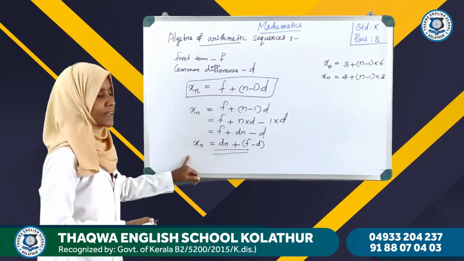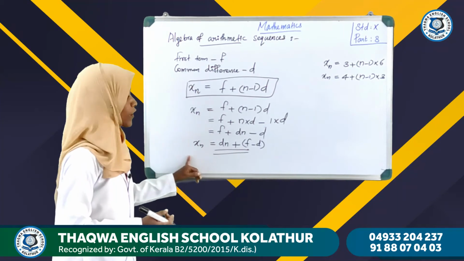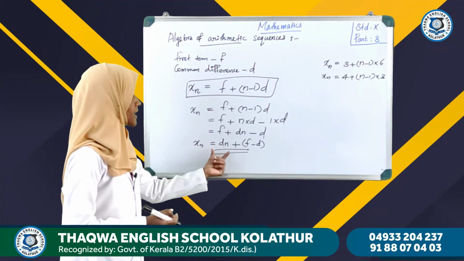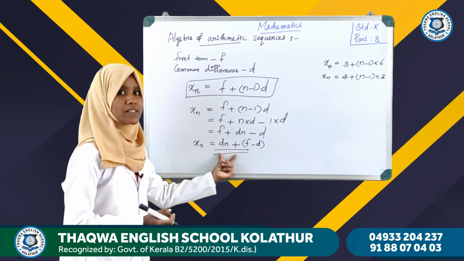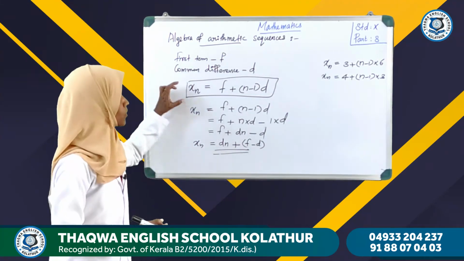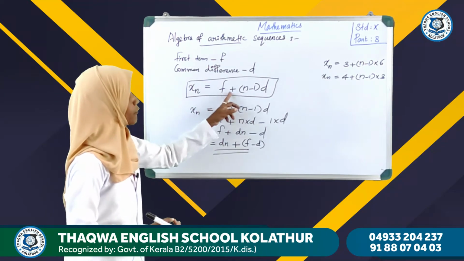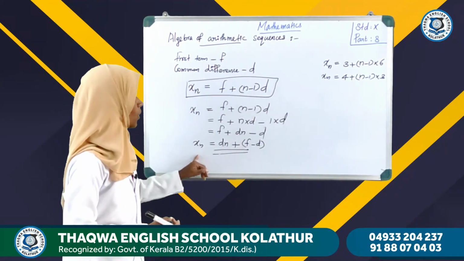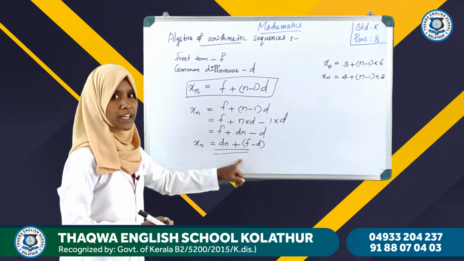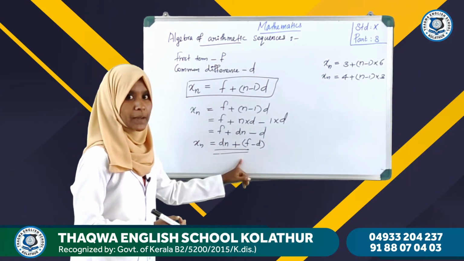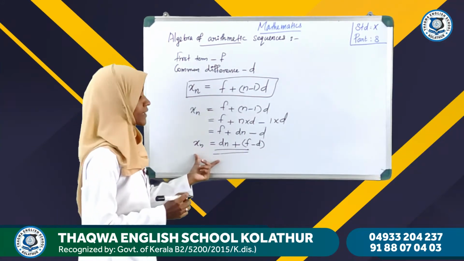This is another form of algebra of an arithmetic sequence: xn is dn plus f minus d. So you just listen, two forms of algebra: f plus n minus 1 into d, or dn plus f minus d.